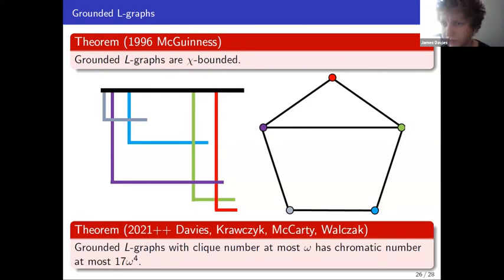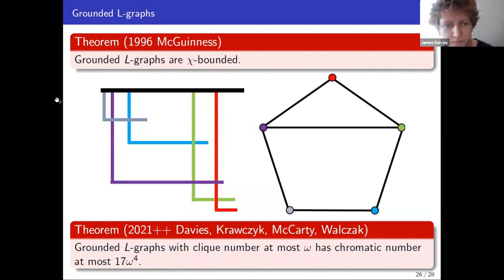So we're also able to extend the circle graph proof to these grounded L-shapes. We proved that these are also polynomially chi-bounded, this time with a polynomial of degree 4. This is joint work with Tomasz Krawczyk, McCarty, and Bartosz Walczak.